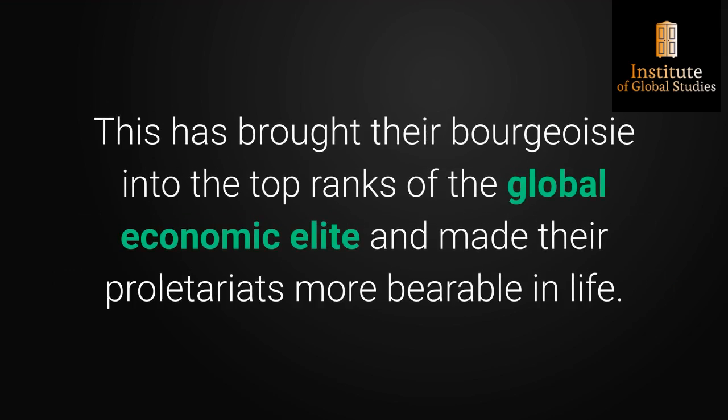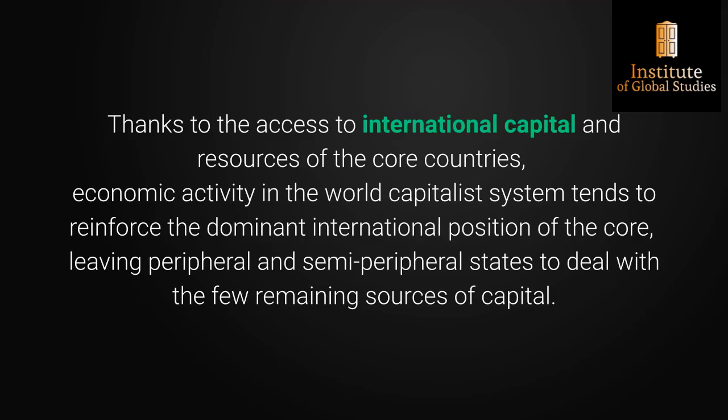This has brought their bourgeoisie into the top ranks of the global economic elite and made their proletariats more bearable in life. Thanks to the access to international capital and resources of the core countries, economic activity in the world capitalist system tends to reinforce the dominant international position of the core, leaving peripheral and semi-peripheral states to deal with the few remaining sources of capital.